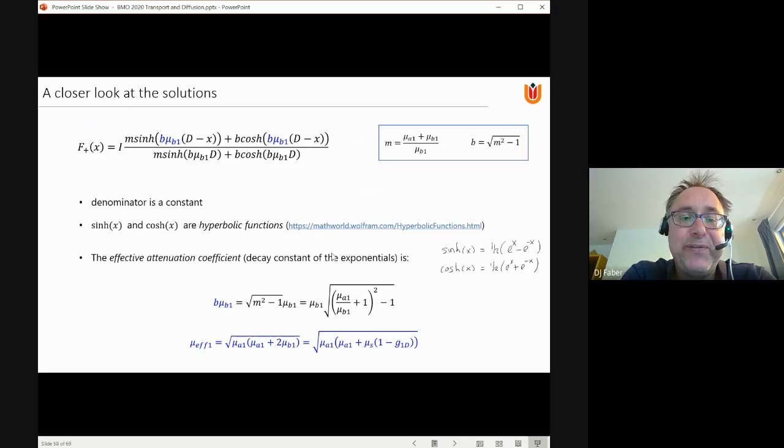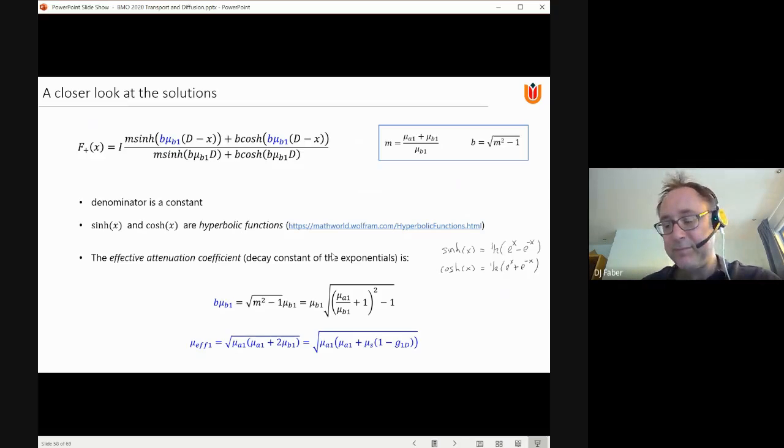That allows us to define a new coefficient, the effective decay constant, or the effective attenuation coefficient, given by this expression. So this b times mu b is the effective attenuation coefficient. It's the square root of mu a times mu a plus 2 times mu b, or if you rearrange that in terms of the scattering anisotropy, you get the expression on the right hand side.